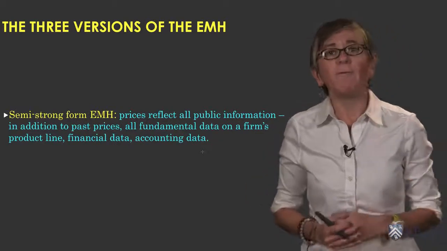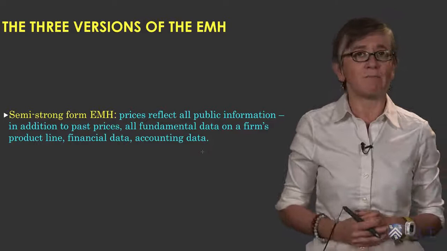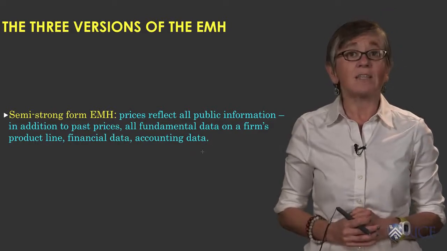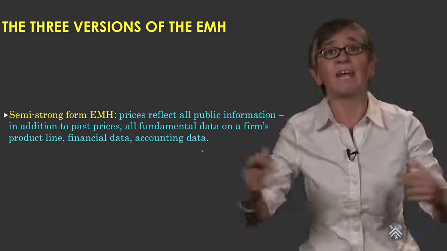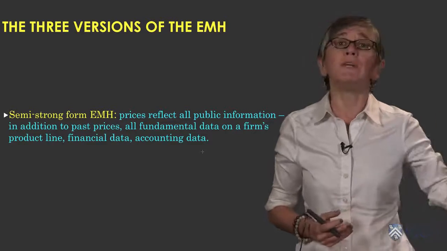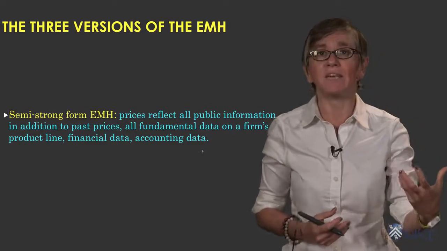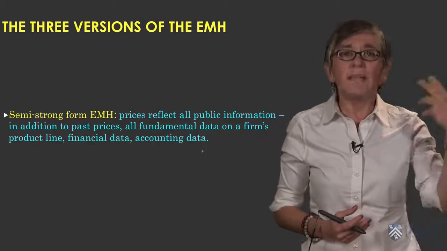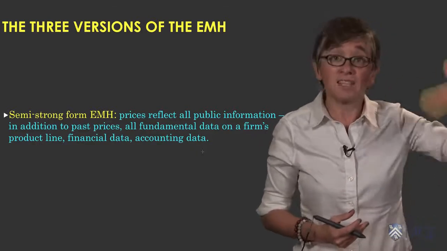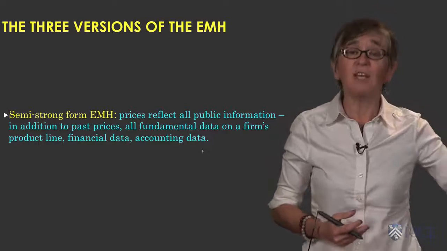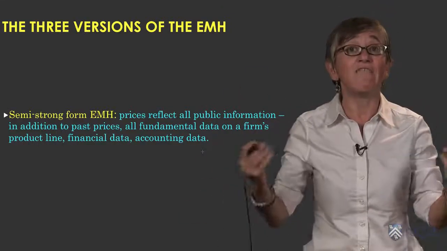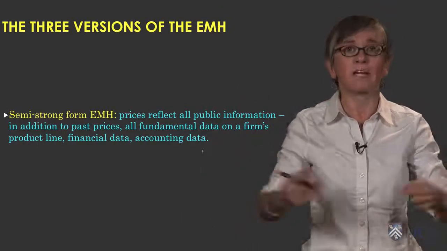Well, the second form, the semi-strong form of the efficient market hypothesis, states that all publicly available information should already be reflected in prices. Now, what do we mean by publicly available information? Well, now, in addition to the past market trading data that I mentioned, think of all the information that is available about a company that is public, right?